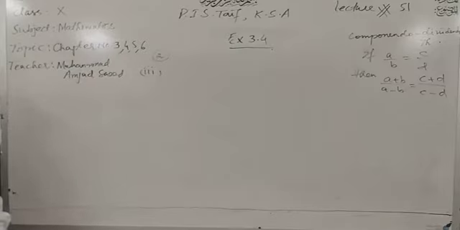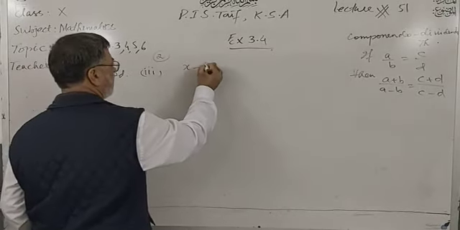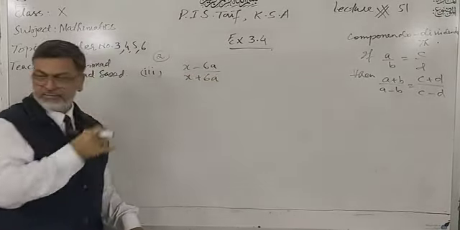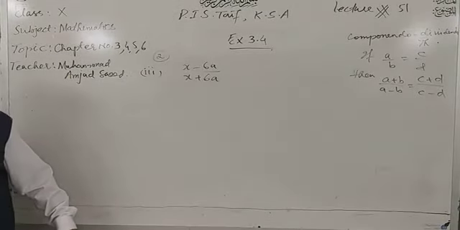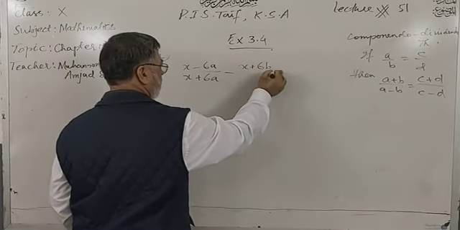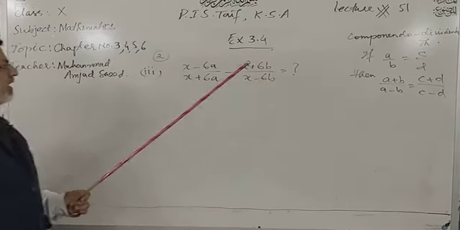Part number 3 is find the value of x minus 6a over x plus 6a minus x plus 6b over x minus 6b. You have to find the value of this.